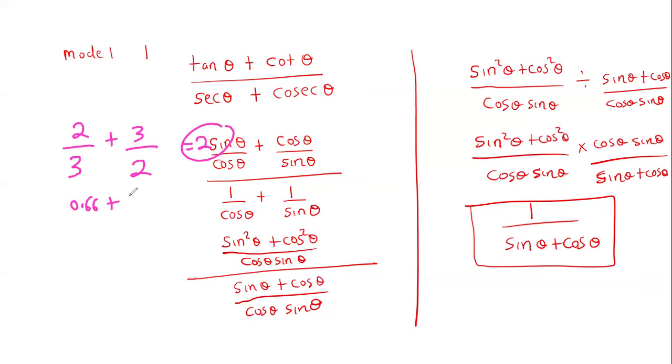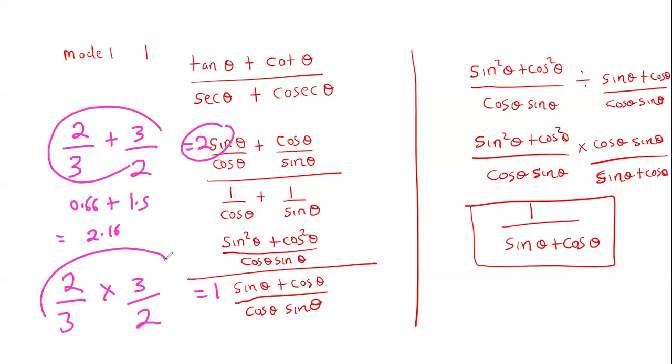Plus 3 out of 2, which is 1.5. So what is your answer? 2.16. Now I'm giving you this: 2 out of 3 times 3 out of 2. What is your answer? 1. So, is this one and this the same? No, I get it now, teacher. Okay. Thank you.